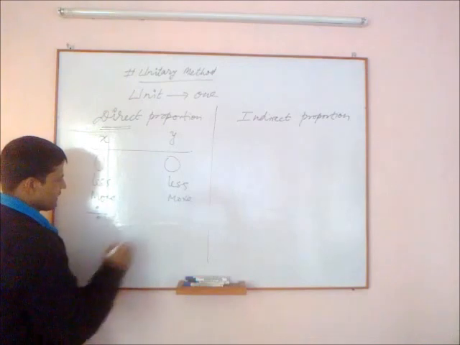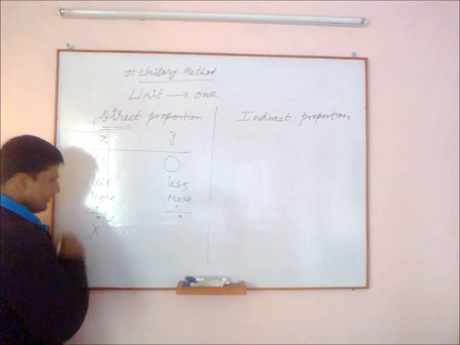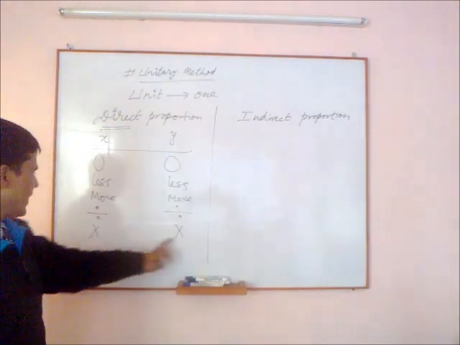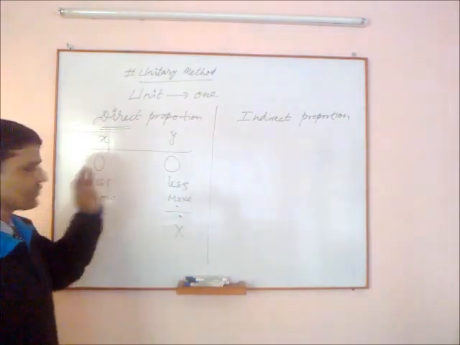If we divide here, we divide to this variable as well. If we multiply here, then we multiply here. It means direct. Whatever is done here, same thing is done here. That is called direct.